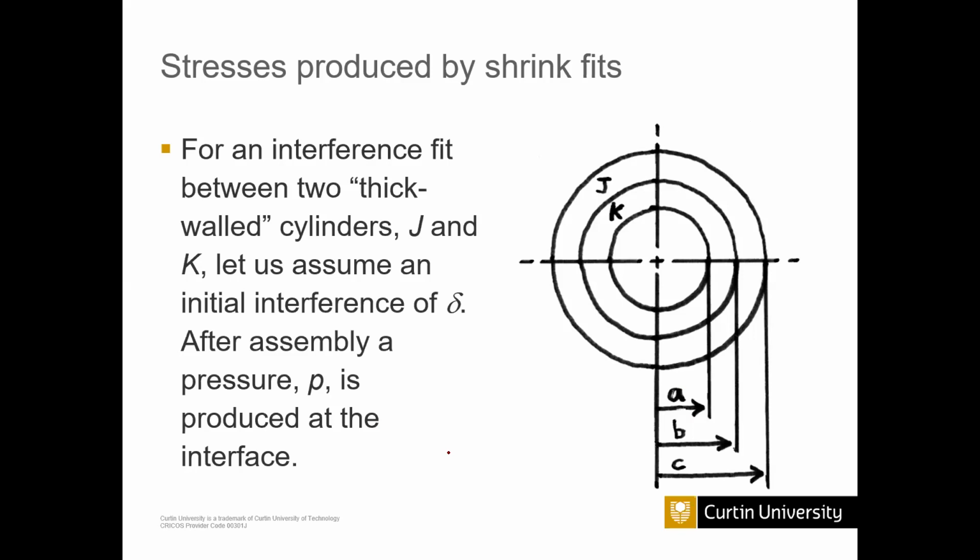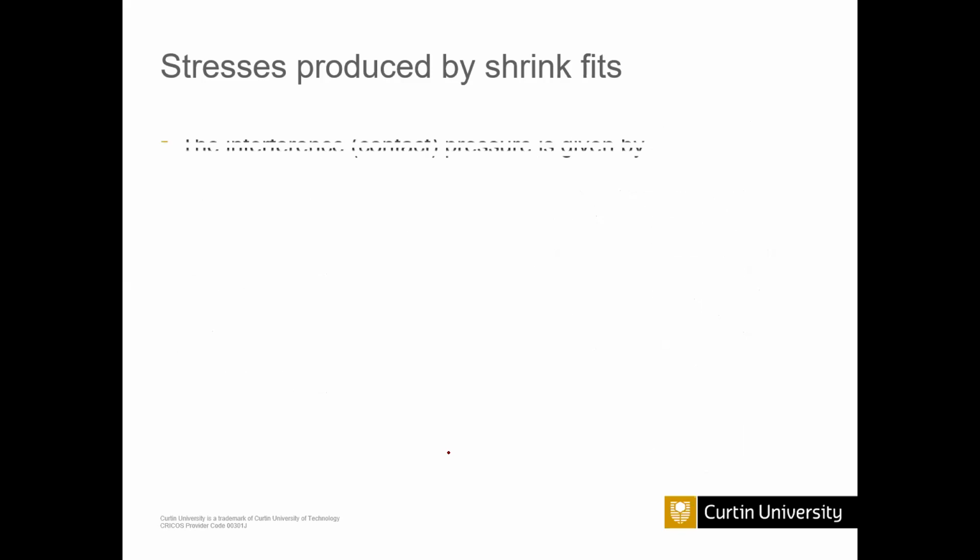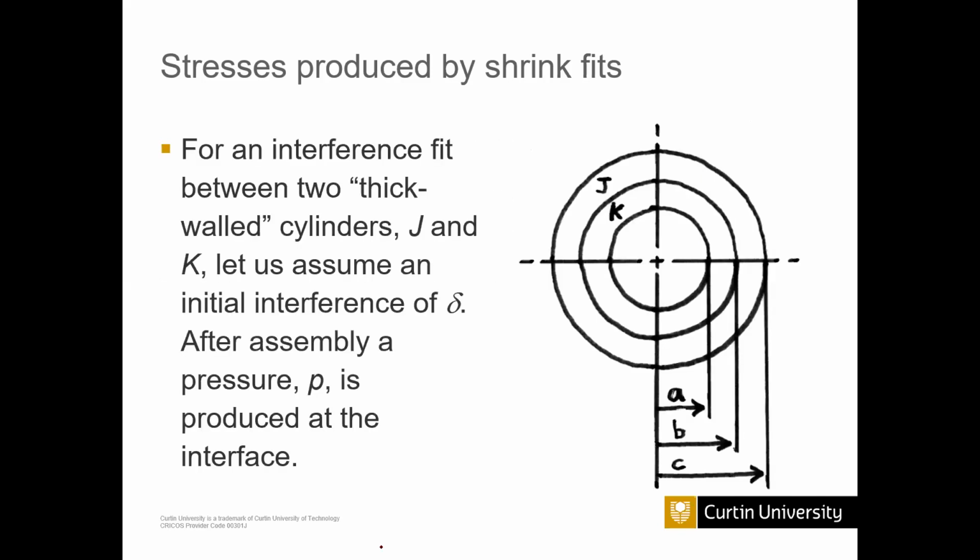But later on, we will consider that the two cylinders are made of the same material, so the elastic modulus of cylinder K and cylinder J will be equal. In here they didn't explain the derivation. I will move to the lecture note again, because without that explanation you don't get the exact idea about the cylinder.